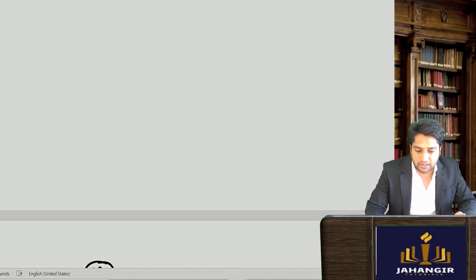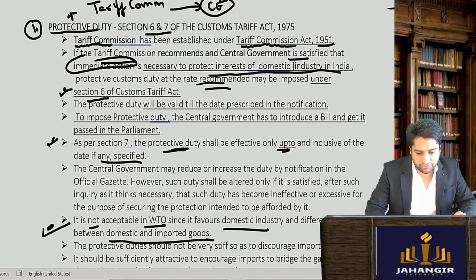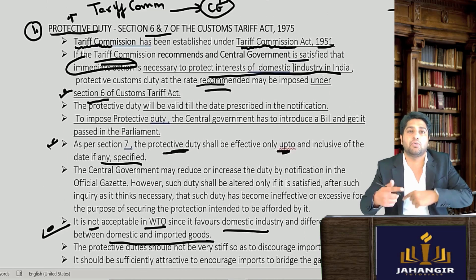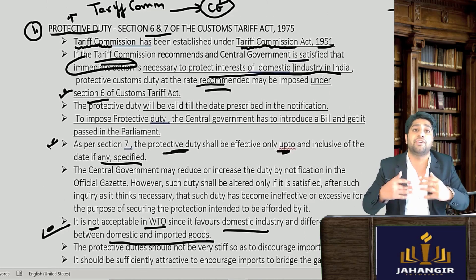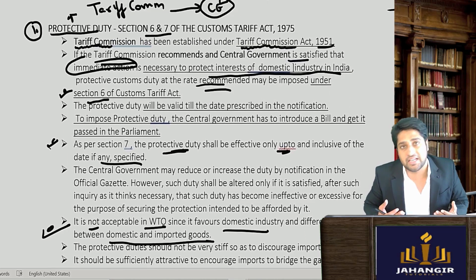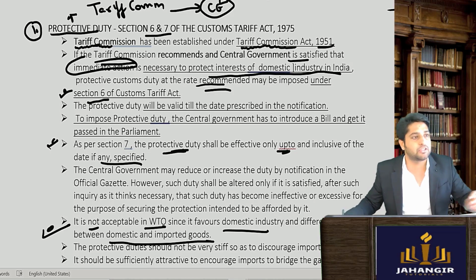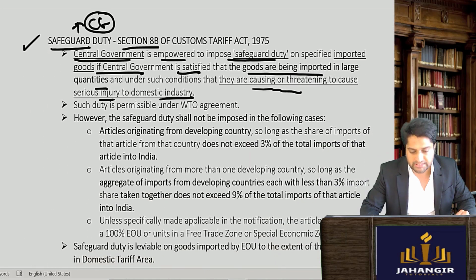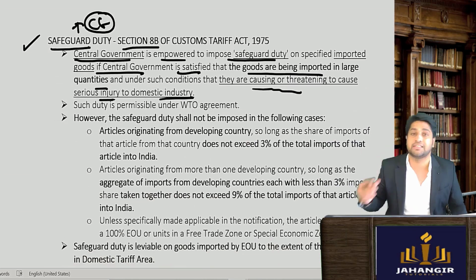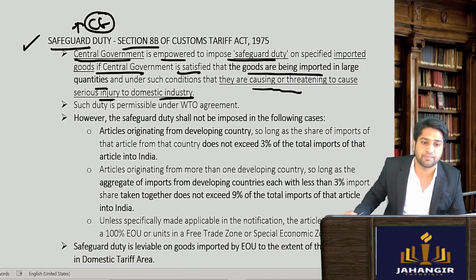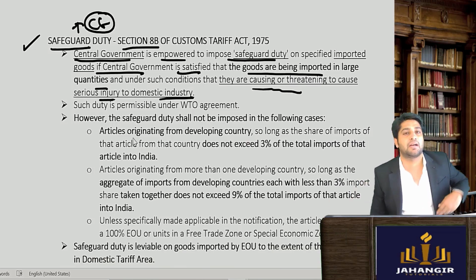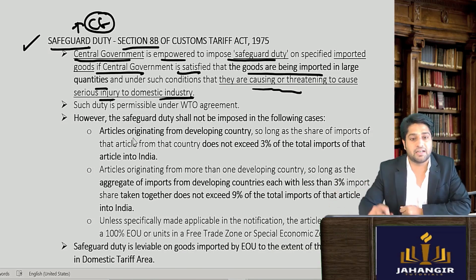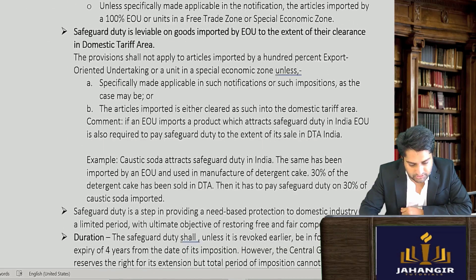Above, the power was given to the Tariff Commission, so it can be initiated only if the Tariff Commission has recommended. So the first power is with the Tariff Commission, and second, safeguard duty is a power given to the central government. So the work is the same and it has certain conditions, but the power is given to the central government directly. No Tariff Commission is involved. Okay.